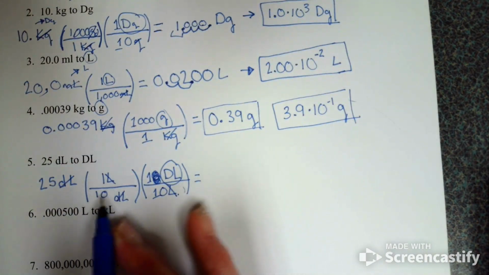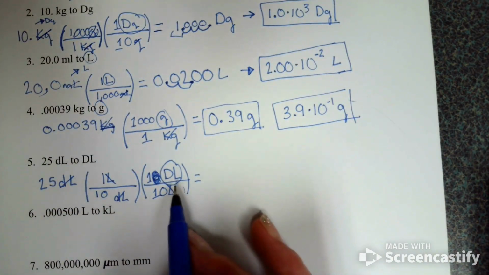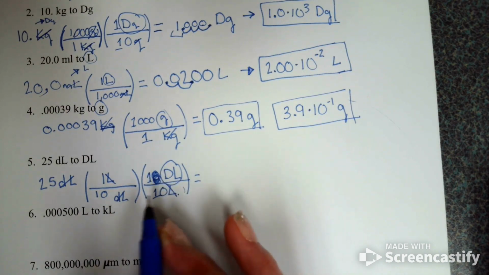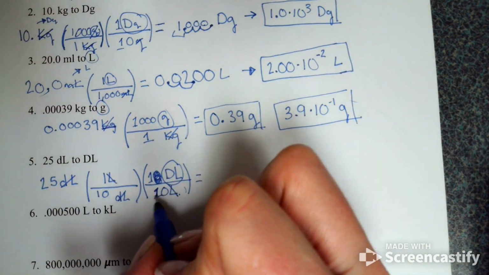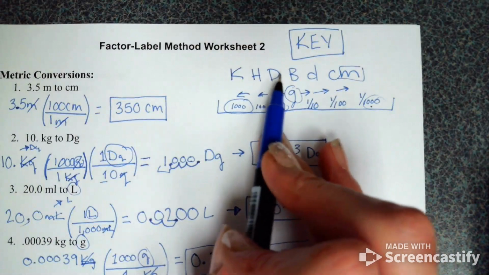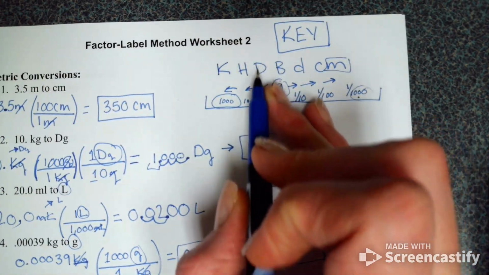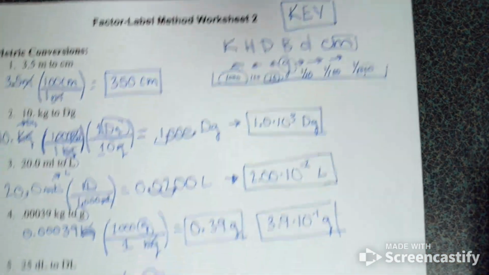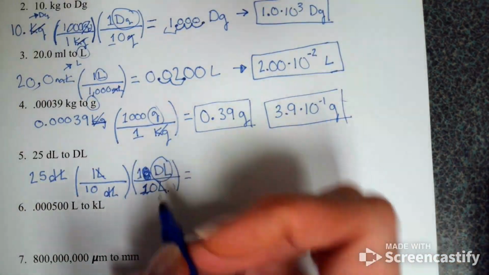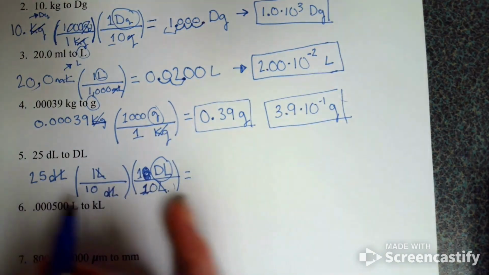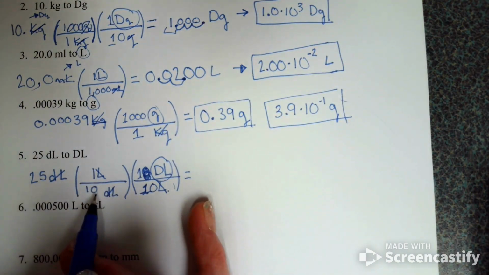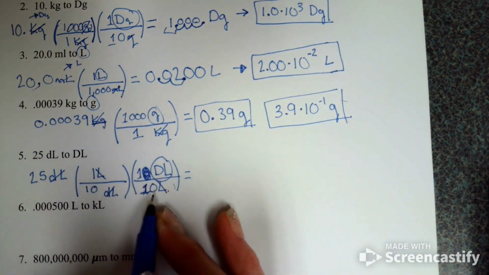So in 1 liter, you have 10 of these little guys. In 1 deciliter, you have 10 liters. Okay, deciliter is big. So you're going to have more of these units than the one of that one. All right, so 1 liter is equal to 10 deciliters. 1 deciliter is equal to 10 liters.